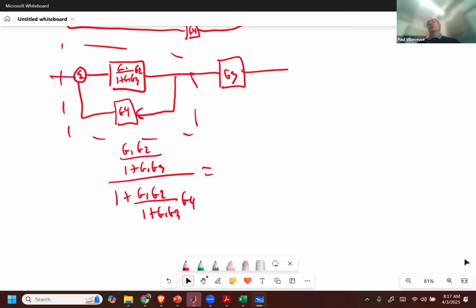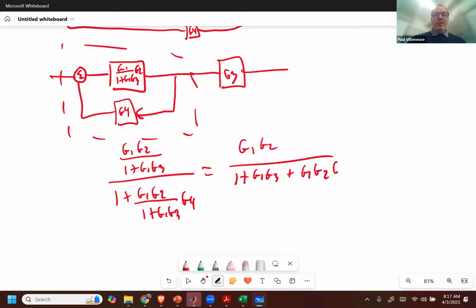So I've got to do common denominator. G1, G2 all over 1 plus G1, G3 plus G1, G2, G4, right? When I do common denominator and I invert multiply, and then I tack this one on in cascade. That's it.